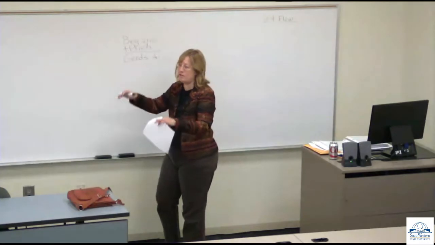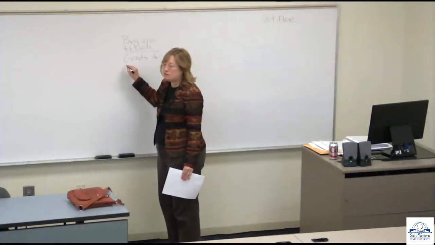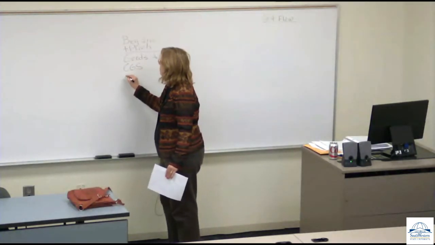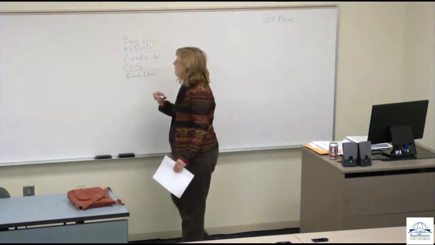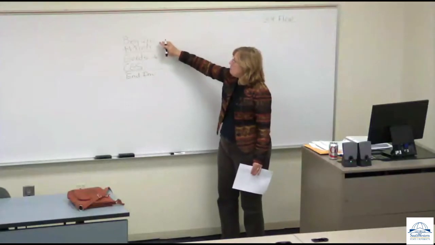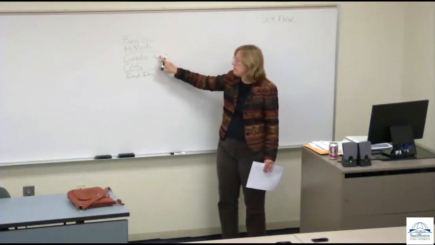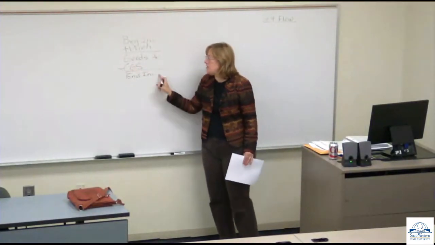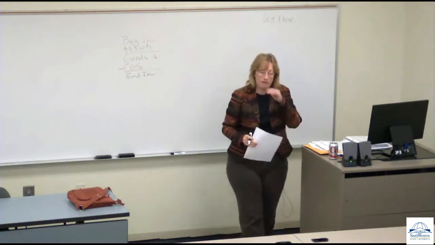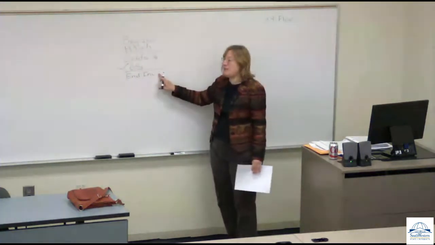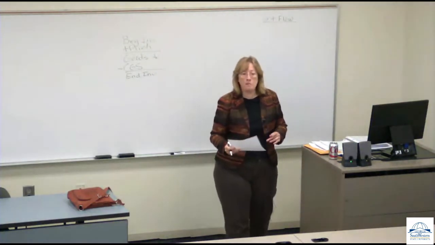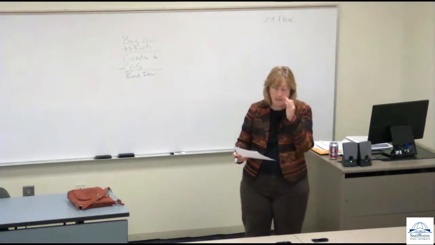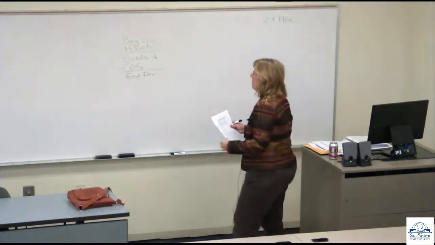So what are those two things? Yeah, cost of goods sold or ending inventory. Okay, so this is our formula. Beginning inventory plus purchases is goods available for sale minus cost of goods sold equals ending inventory, right? Or it could be minus ending inventory equals cost of goods sold, okay? So that's the formula we're going to work with today as we go through these cost flow assumptions.